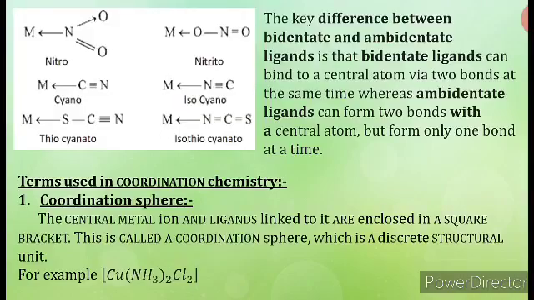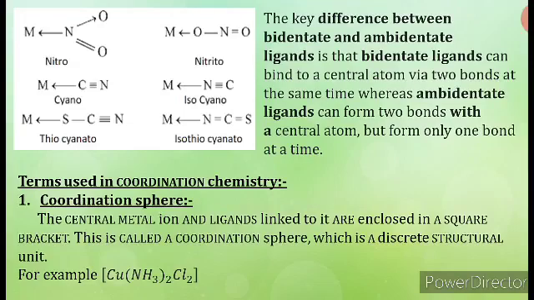Like in the previous example we had seen Cu(NH3)2Cl2. The square bracket represents the coordination sphere, and this Cu(NH3)2Cl2 enclosed in square bracket is known as the coordination entity.